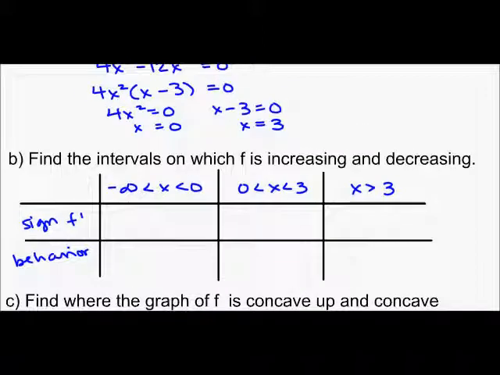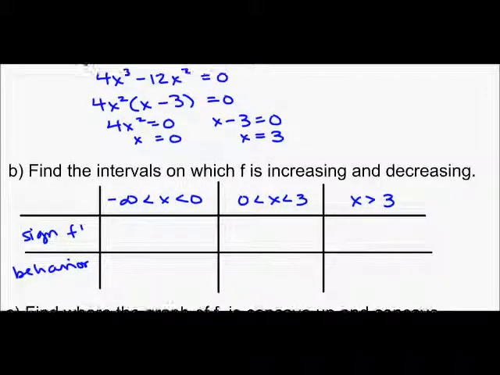If I plugged in a -1 for my x, so x equals -1, my derivative is 4x squared times x minus 3. -1 squared is positive, so 4x squared is positive. -1 minus 3 is a negative, so this would be negative.